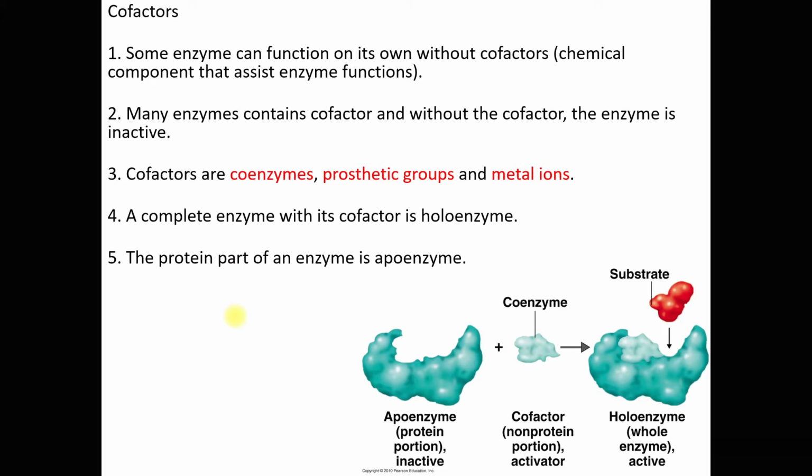The protein part of an enzyme is known as the apoenzyme, and an apoenzyme is an inactive enzyme. So to sum things up, apoenzyme with cofactors is known as the holoenzyme.